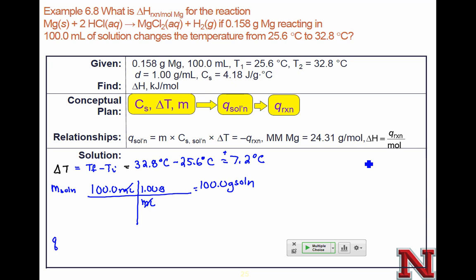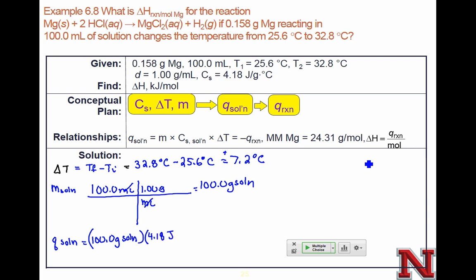So Q solution, bless you, is going to be equal to our mass of our solution. Don't confuse that with the mass of magnesium. Times our specific heat, our Cs, our constant of our solution, which we're assuming in this case we're using that of water. So 4.18.